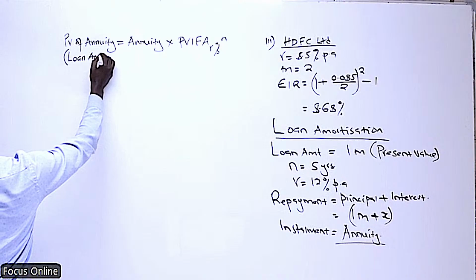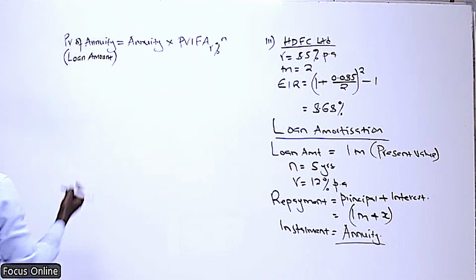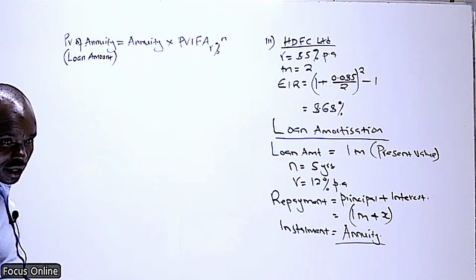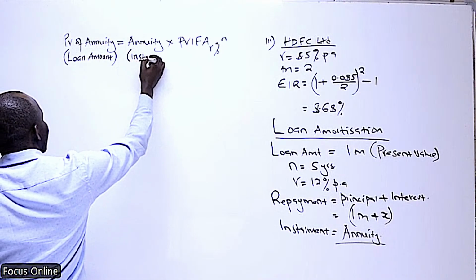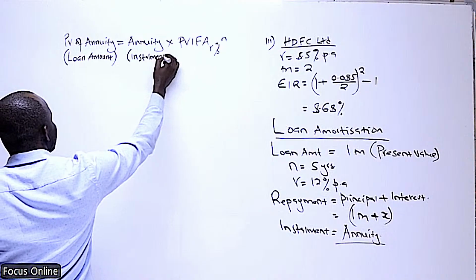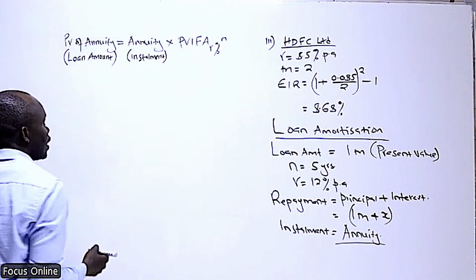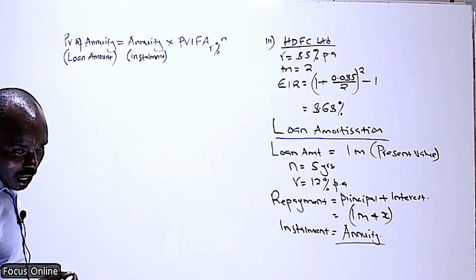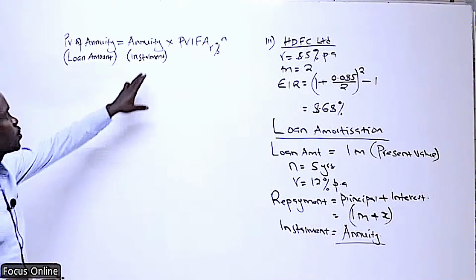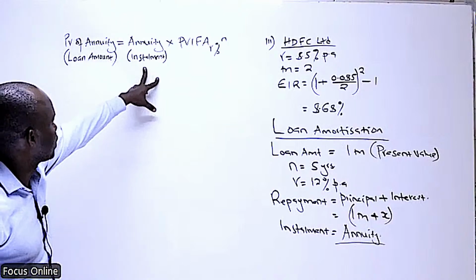Because the loan amount is the present value of the installments that you're going to pay, while the installments here become the annuities. That means if you want to get the loan amount with the installments, you can get the present value of the installments.